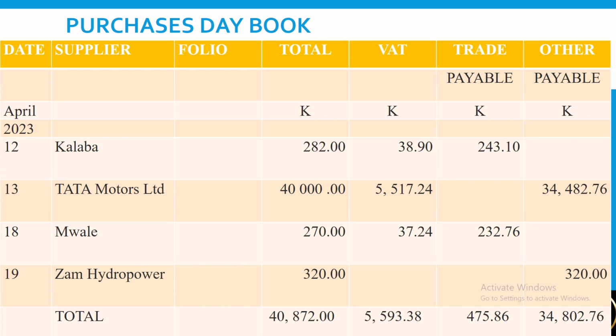You are going to end up with a net amount which is going to fall under other payables, which is 34,482 kwacha 76 ngwe. These are other payables because they are not part of normal trading activities. So we separate them for convenience and information purposes.